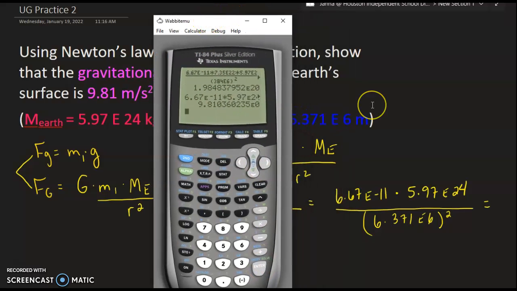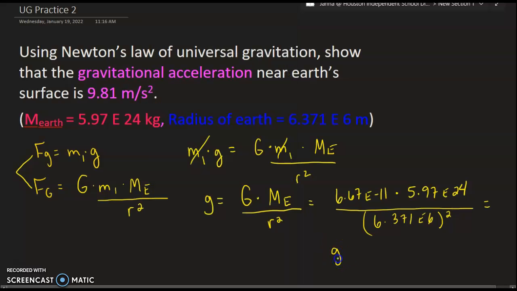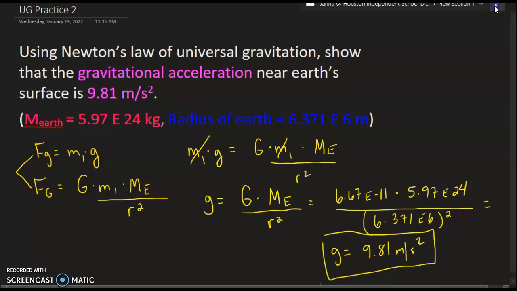That's the strength of the gravitational field near Earth's surface, and it has the value 9.81 meters per second squared. Very familiar with that number.